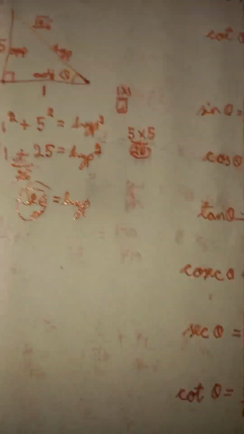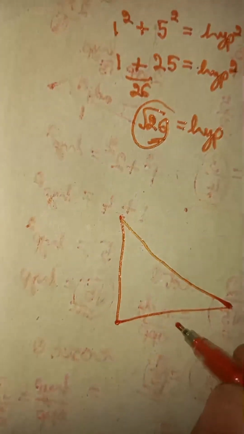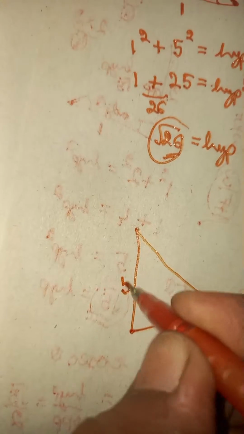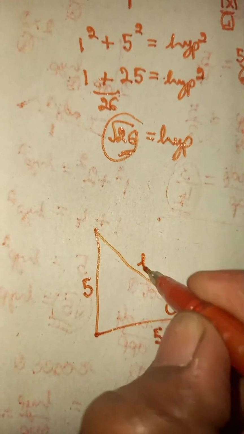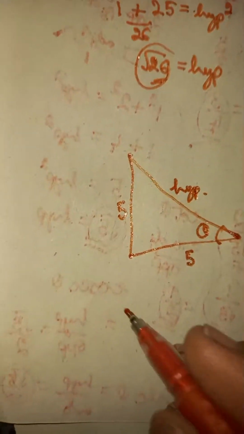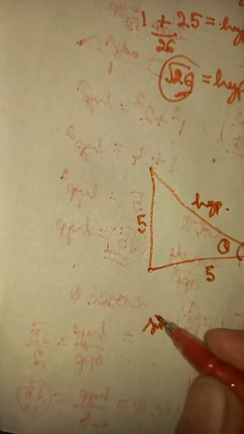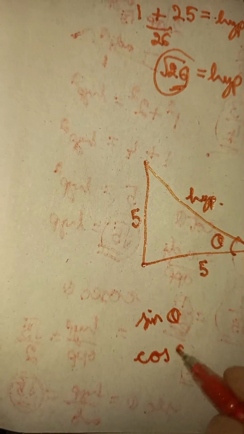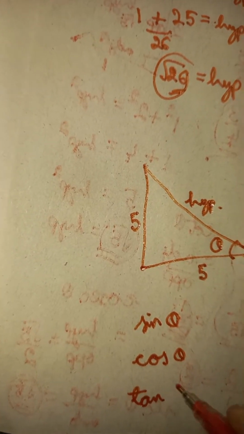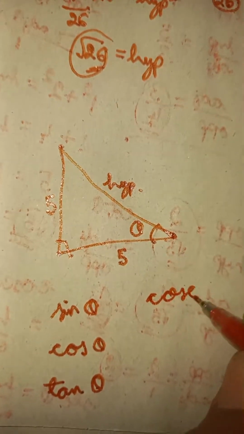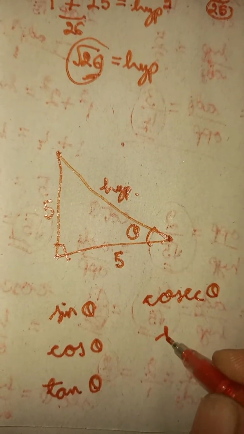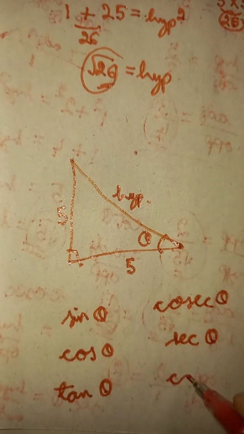Let's find out the final triangle I give. Here in this triangle they have given this side length as 5 units, and this side length also 5 units. This is angle theta. Find out the hypotenuse and then find all the ratios: sine theta, cos theta, tan theta, and also cosecant theta, secant theta, and cot theta.